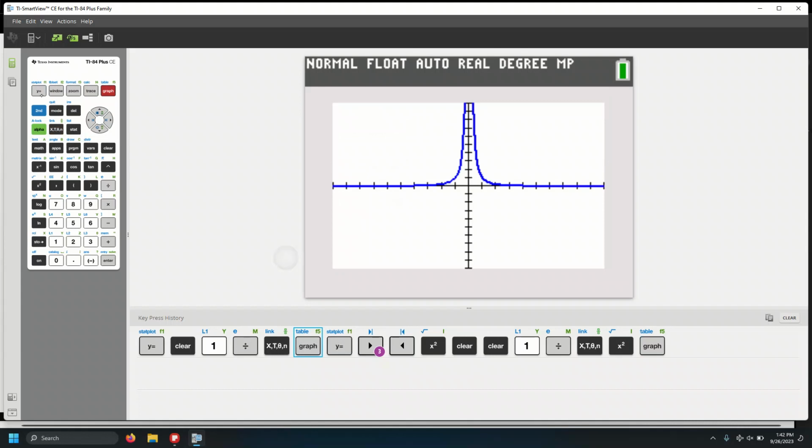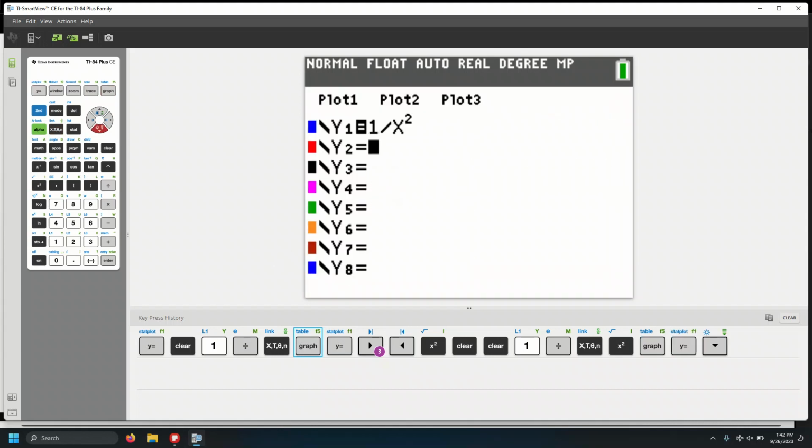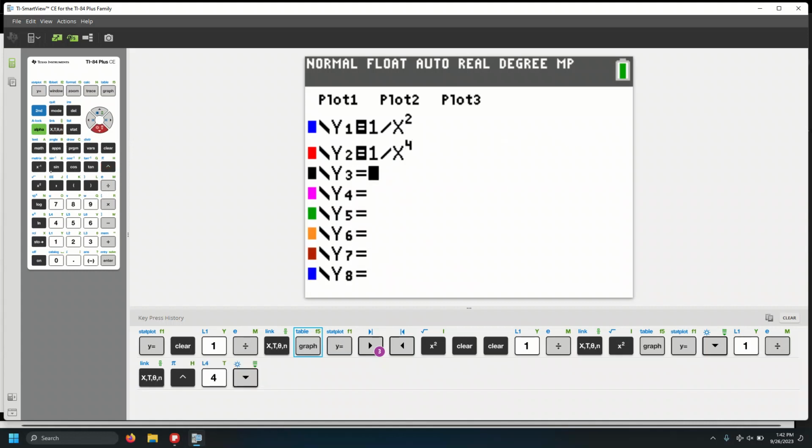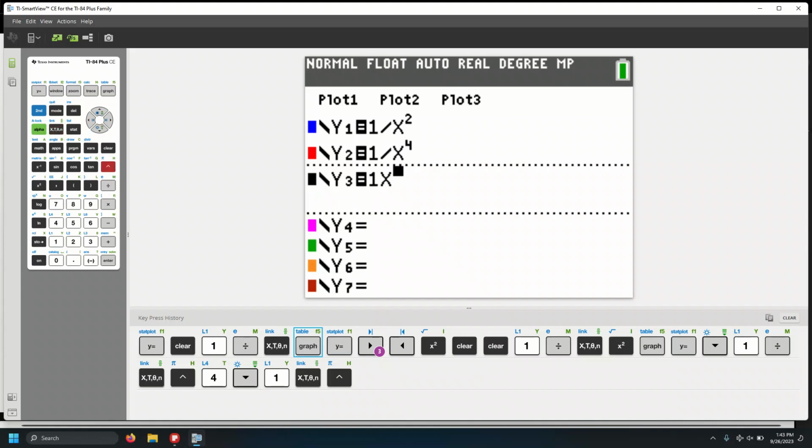So let's see what happens if I add more. Instead of 1 over x to the second, 1 over x to the, what's the next even number? 4. Hold on, let me clear that. 1 over x raised to the 6th power.